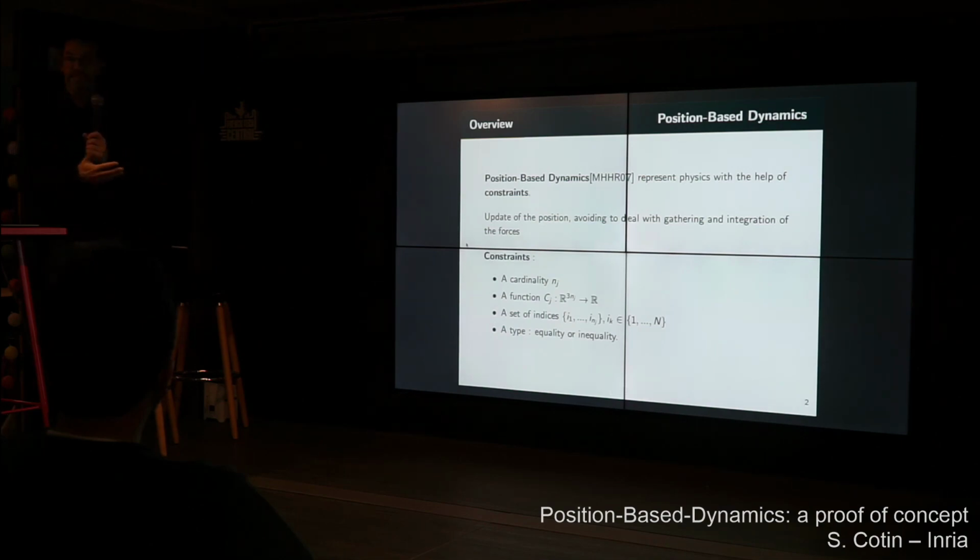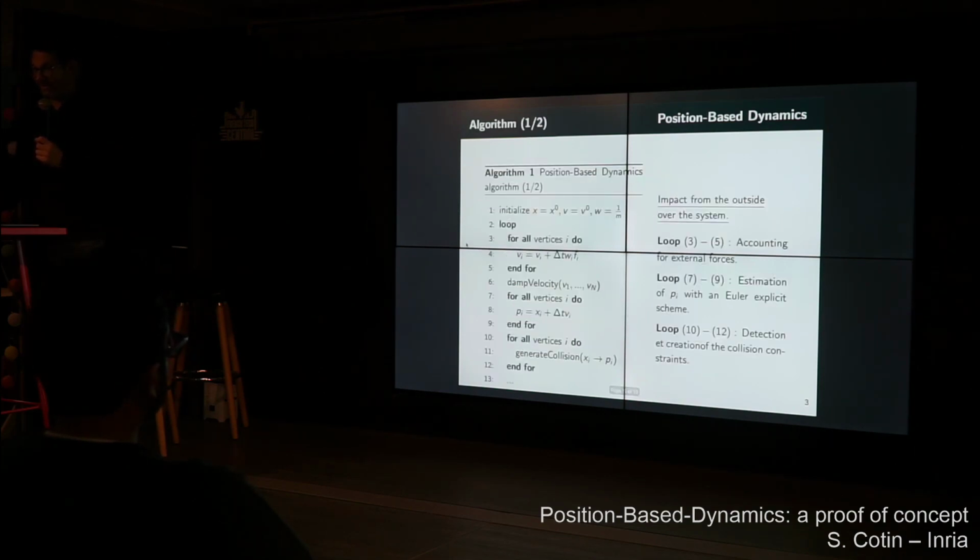So it can be written as simply as this. It's a bunch of points in space with constraints between them. And the algorithm is also relatively simple. The main thing here, again, is that we process the particles in an iterative way by progressively enforcing a set of constraints between them.